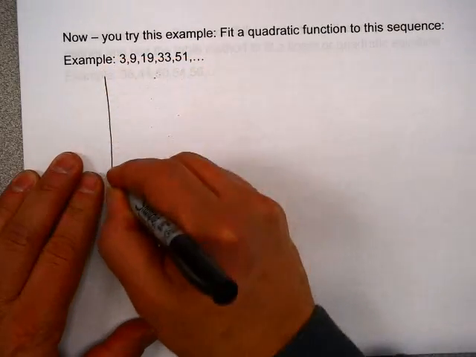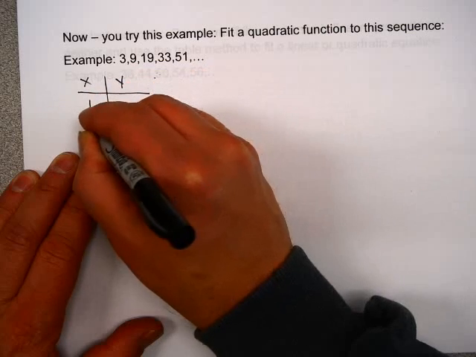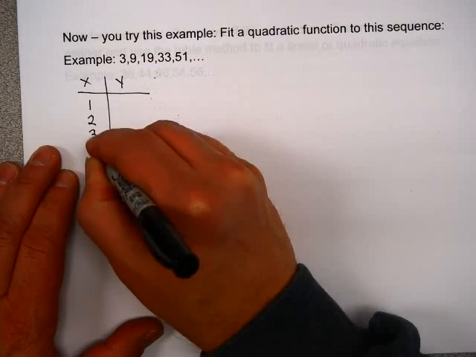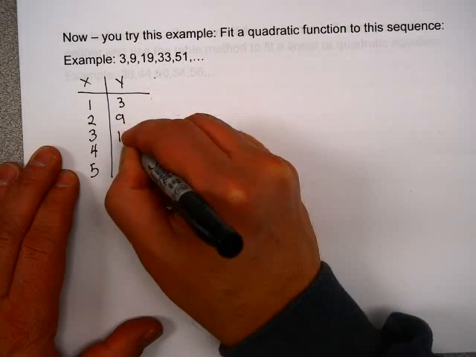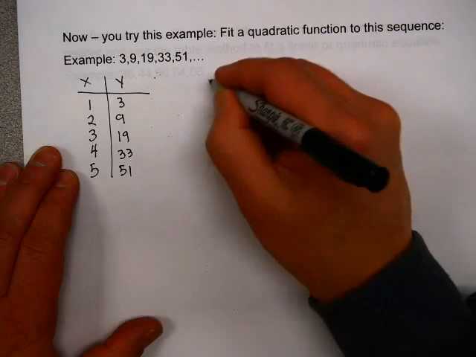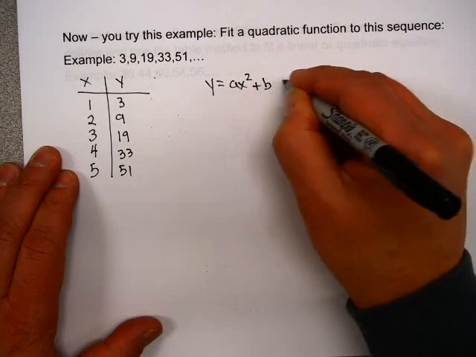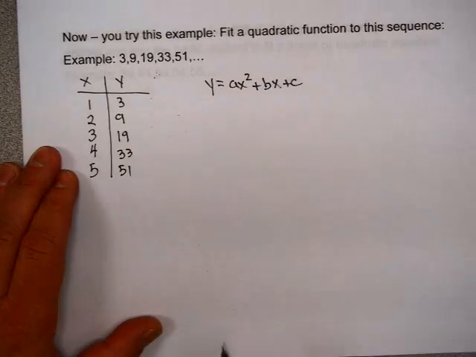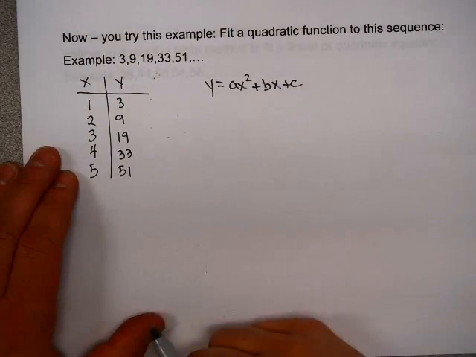If you're ready for a solution, here we go. I'm going to make my input-output table. And I want to remember, find this. So I need A. To get A, I need to find the second difference.